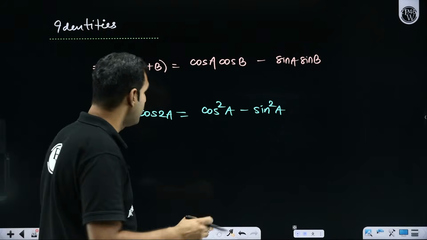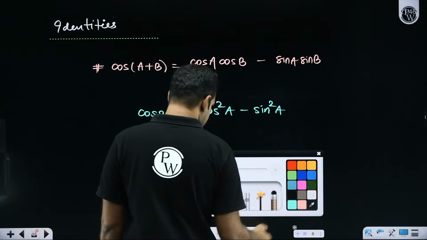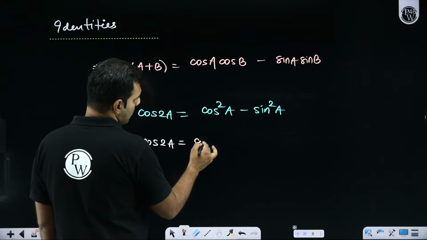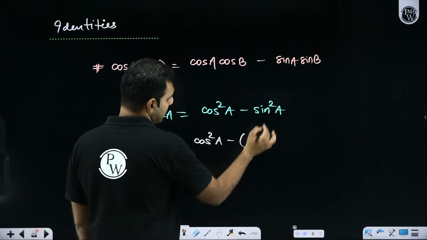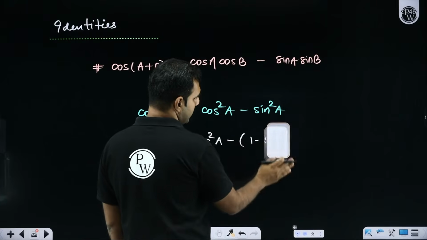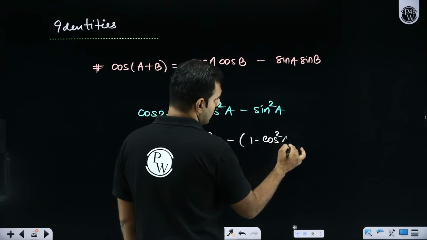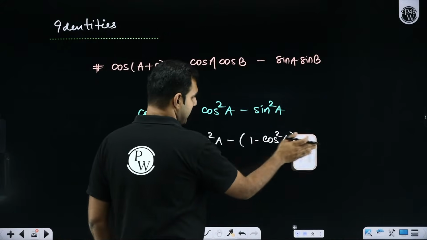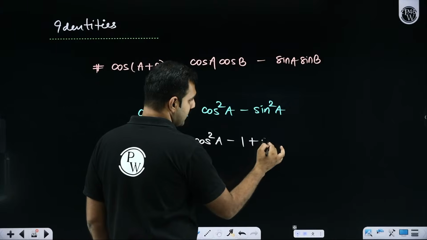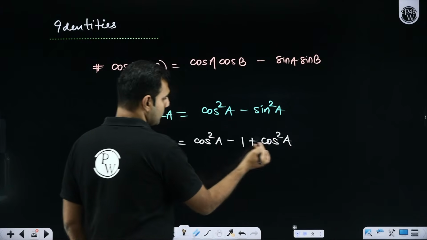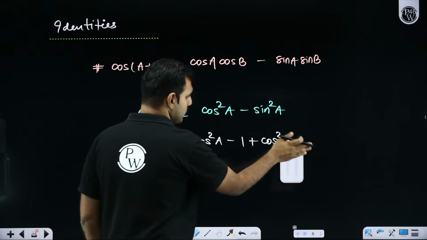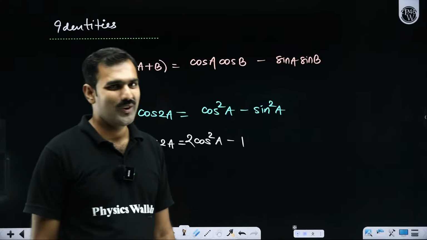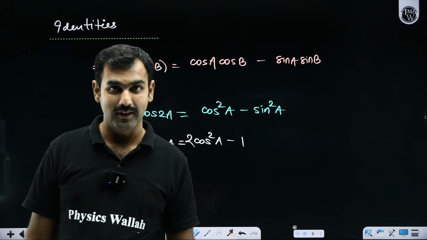Here, cos 2A stays like that, cos square A stays like that, but sin square A is replaced by 1 minus cos square A. If minus is pushed inside, you will get minus 1 plus cos square A. Cos square A plus cos square A is 2 cos square A. So this will lead into 2 cos square A minus 1. One more identity added to your beautiful life.